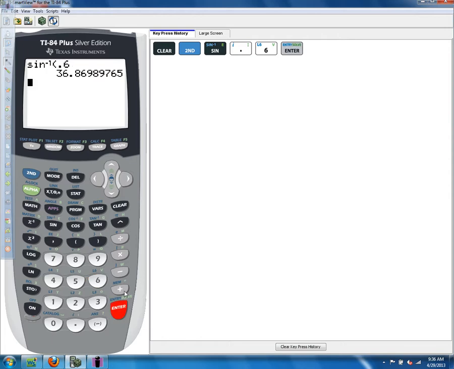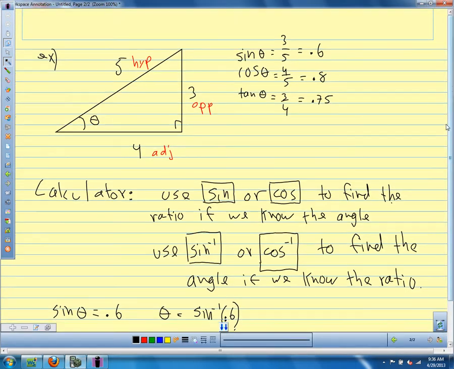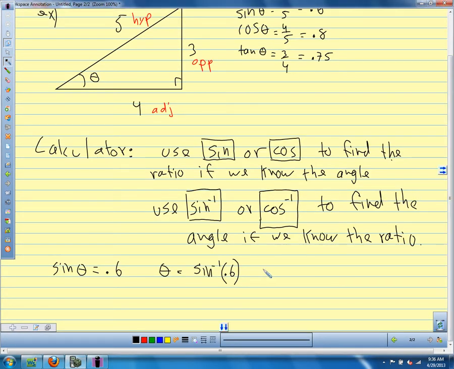And I get 36.87 degrees. So this gives me 36.87 degrees.